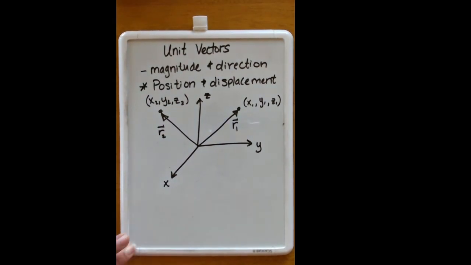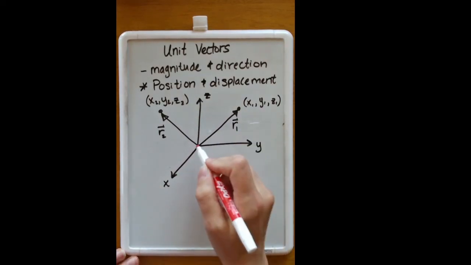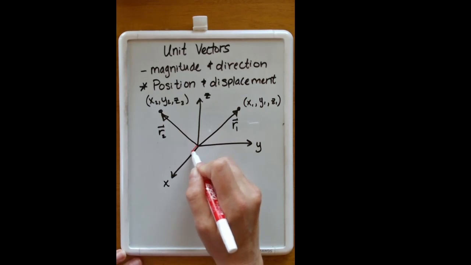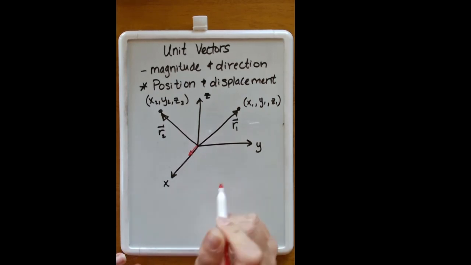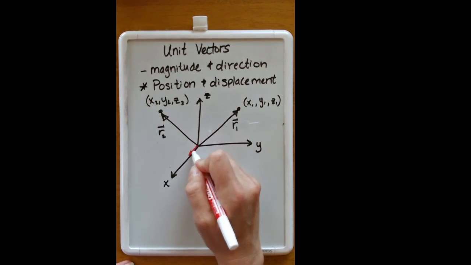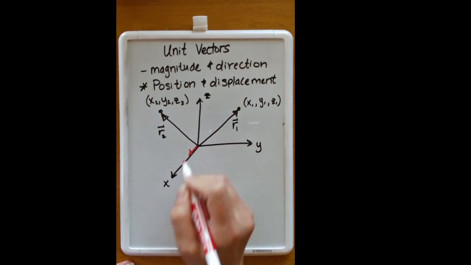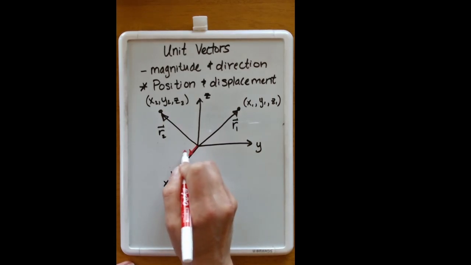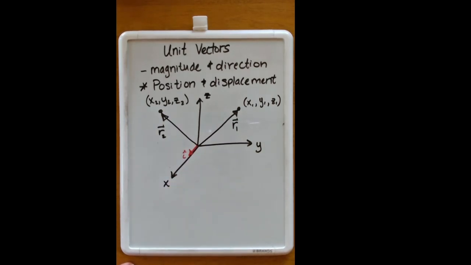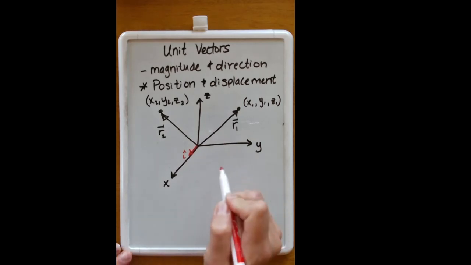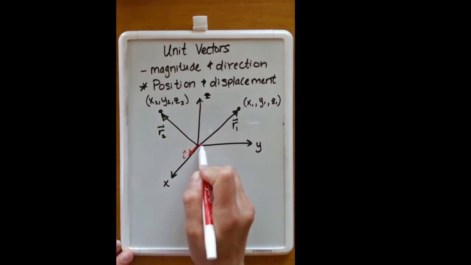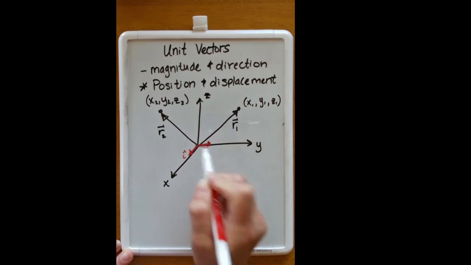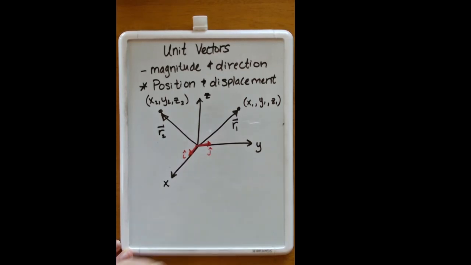And then the new thing that we're going to add here is going to be called a unit vector. So I'm going to write that in red. And a unit vector is just a short vector. It has a unit length. It's exactly one unit in length. So along the x-axis, it's going to be called i, with a little triangle over the top called a hat. So it's i hat. Along the y-axis, it's going to be called j hat.